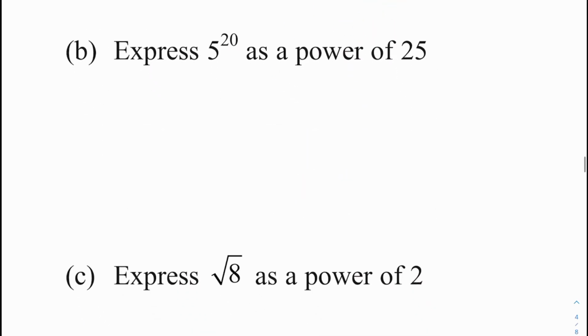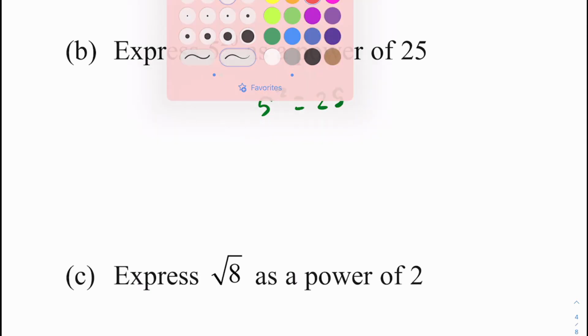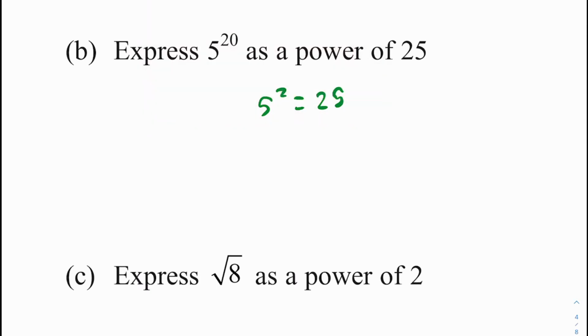Okay, we now need to express 5 to the power of 20 as a power of 25. Okay, so this question's actually quite difficult. You might not know how to start it, but the way we do this is we can see that 5 squared is equal to 25. So how can we use this and apply it to this question? Well, we can therefore say that 25 is equal to 5 squared, as we've stated here.